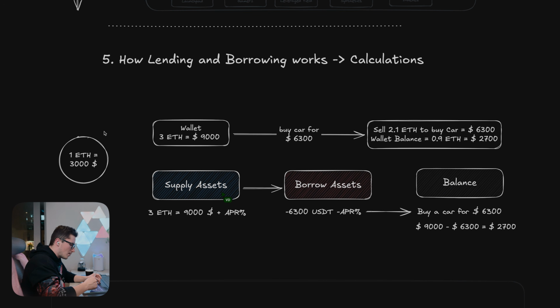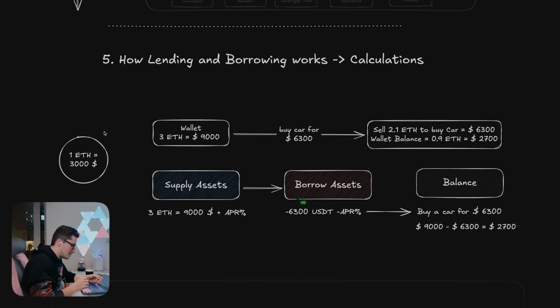But we could borrow USDT against our ETH, and we're also going to pay some negative interest. Our borrow is going to be the same as the price of the car, so we take 6,300 USDT. And we will buy a car for this amount.